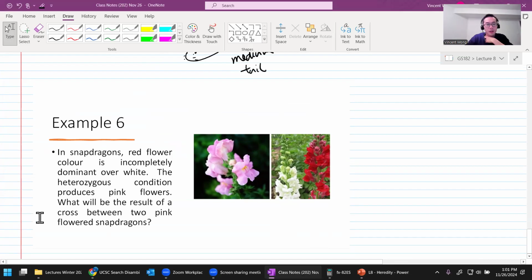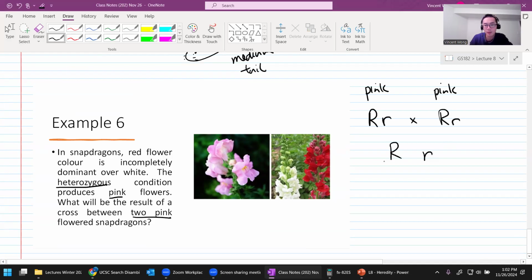What will be the result of a cross between two pink flower snapdragons? Okay, so we know already heterozygous is going to be the pink, and they're asking us to cross two pink flowers. So we have big R, small r, cross big R, small r. These are both pink, pink and pink.